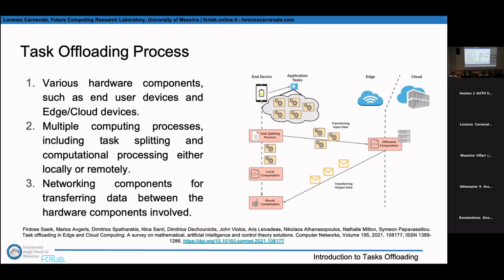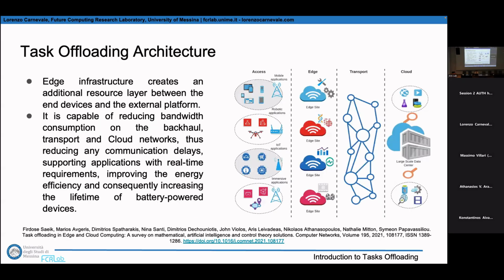Task offloading has several processes, let me say, and these processes are drawn in the figure here in this slide. And the point is that we can have various hardware components, okay? Because we have not only edge and cloud, but as we saw also in the picture in the previous slide, we have different end devices.